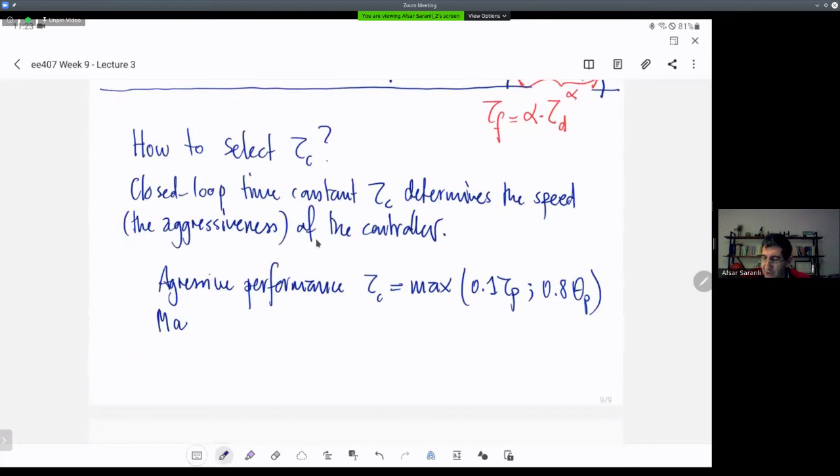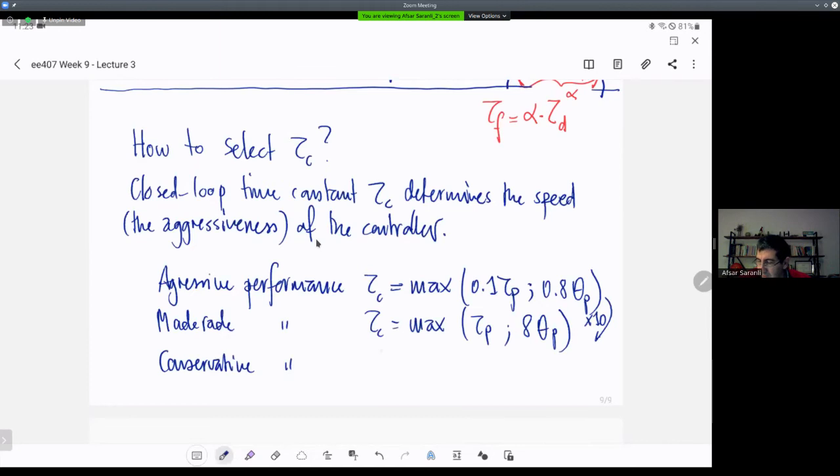For a moderate performance, tau c is selected as the maximum of simply tau p and 8 theta p. So there is maybe 10 times difference between the two. And if you want a conservative performance, you can select a maximum of 10 tau p and 80 theta p. Again, the same kind of 10 times difference here.